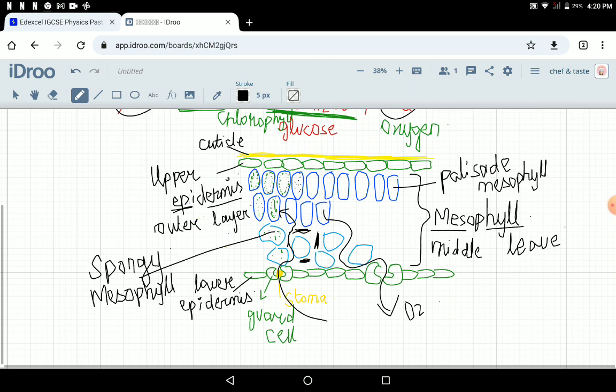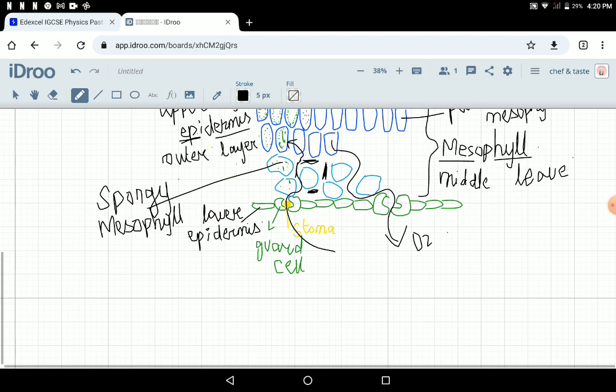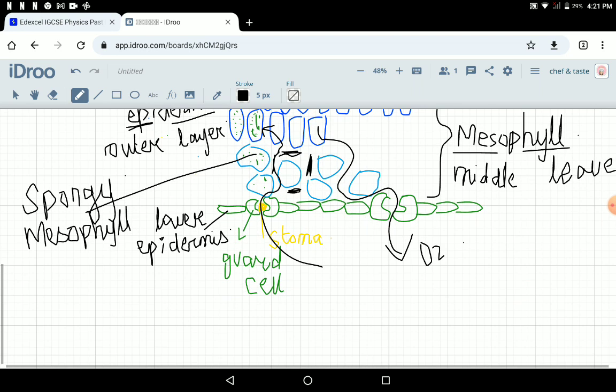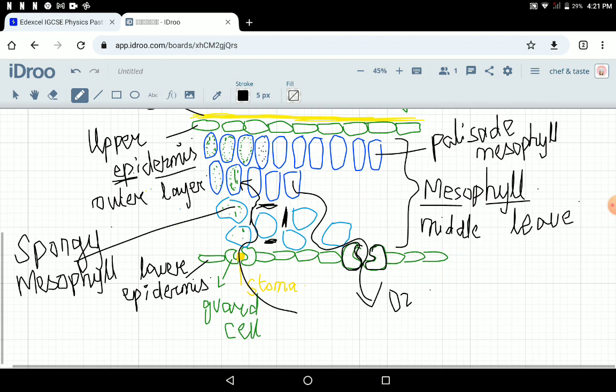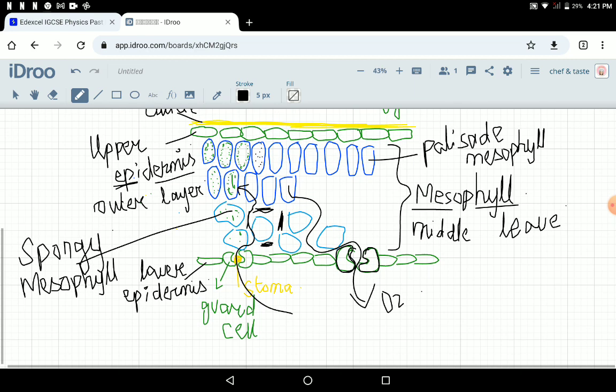So in this way, we have discussed the internal structure of the leaf, having cuticle, upper epidermis, lower epidermis, and stomata. Stomata is the plural word, the singular is stoma, and a stoma is just an opening surrounded by a pair of guard cells. These kidney-shaped cells are guard cells. Usually the guard cells are very sensitive to sunlight.